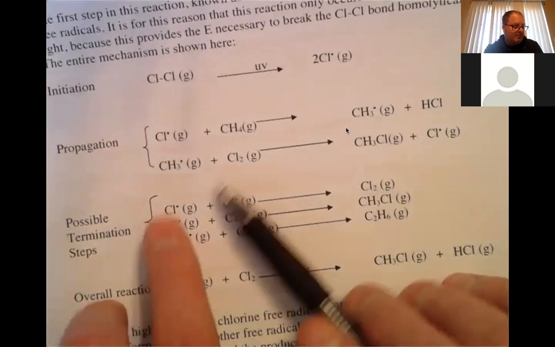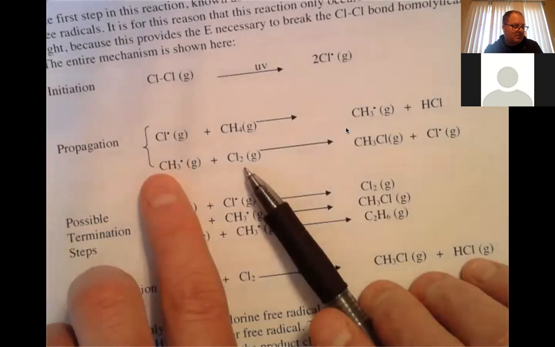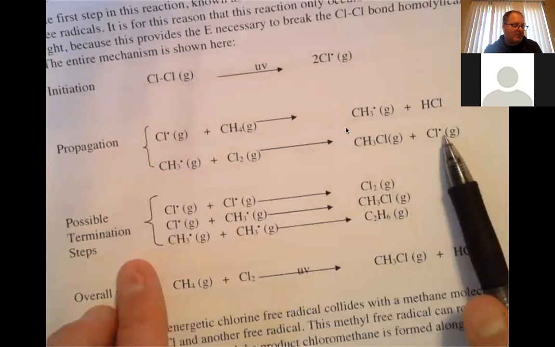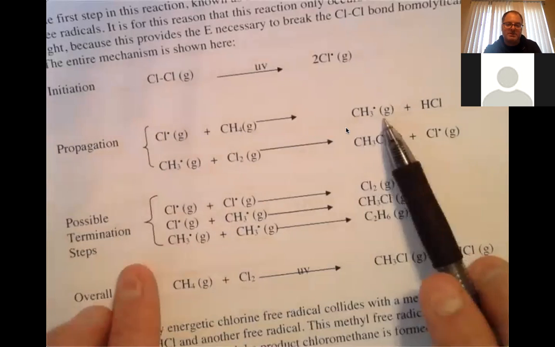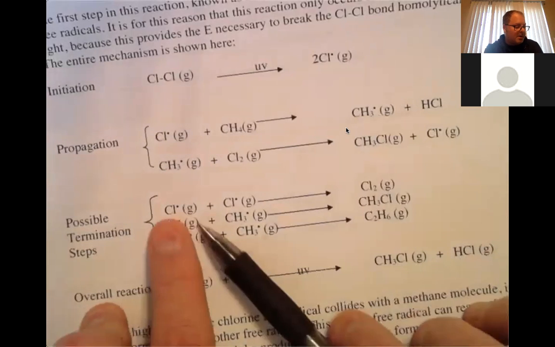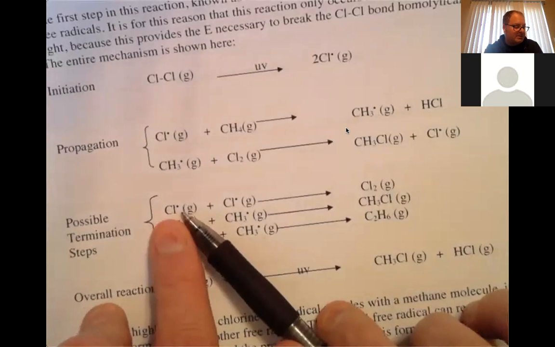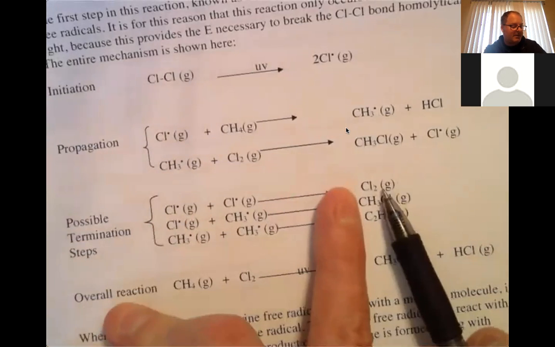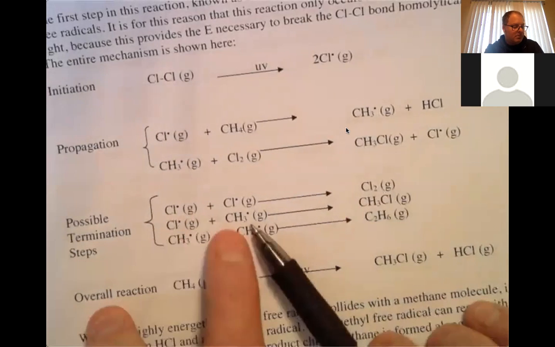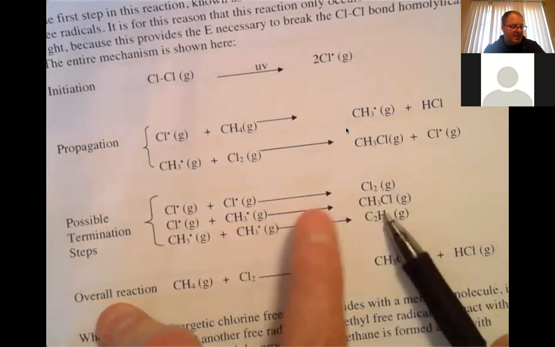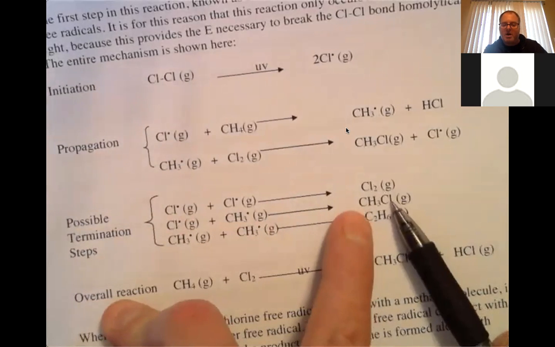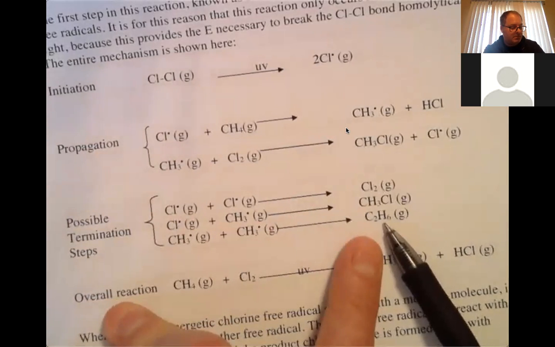So we have this, which is propagation, which forms another free radical, and this propagation, which forms another free radical. We have possible terminations. These two free radicals come together and we get what we want probably. This is probably what we're trying to make. We could be trying to make this though.